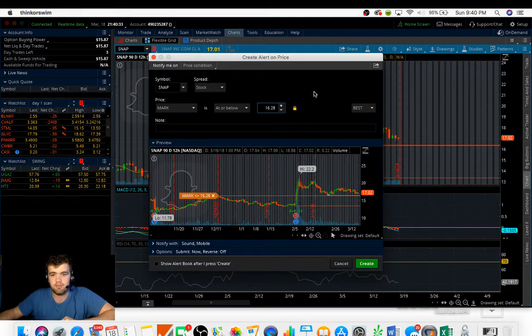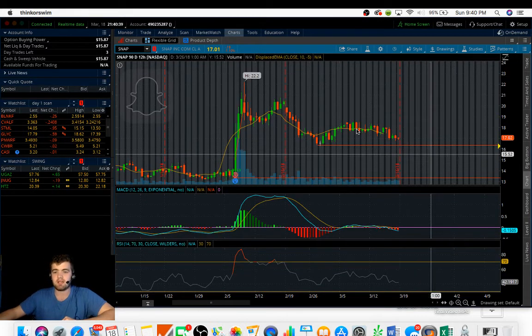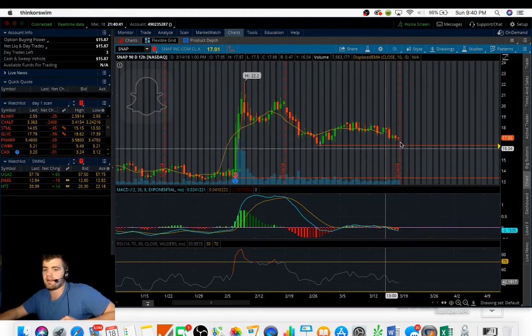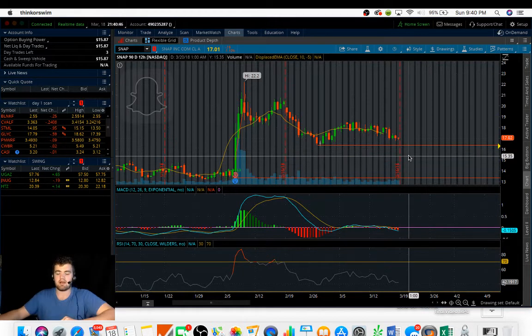All right, so when this thing hits this, I'm going to be notified, which is perfect, because then I predict that it will bounce up, and if it continues to fall, we have a chance for a reversal or some kind of other strategy that we learned, or a strategy that you guys can find in my book.